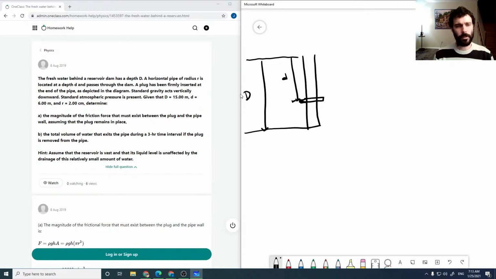Standard gravity acts vertically downward, and standard atmospheric pressure is present.